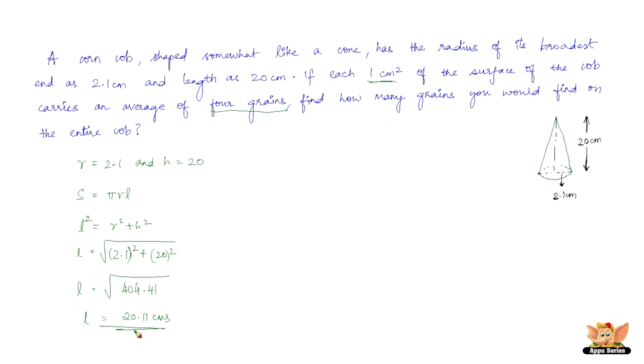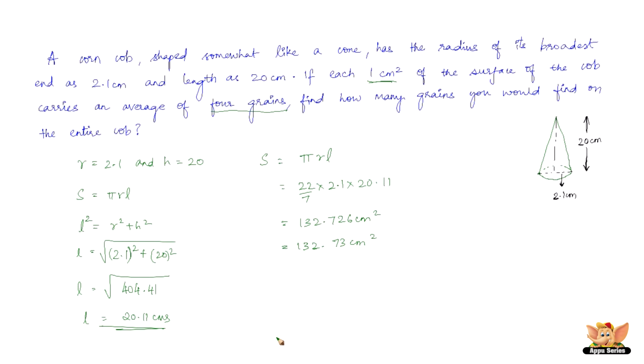So now all we have to do is substitute in pi R L the values of pi, which is 22 by 7, radius is 2.1, and the slant height is 20.11. So solving this, we get 132.726 centimeters square. Or let us cut it down to 2 decimals, 132.73 centimeters square.